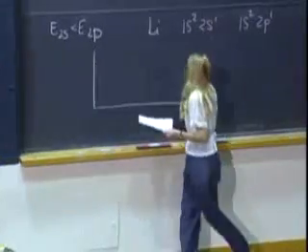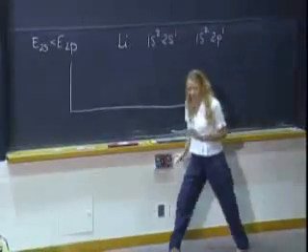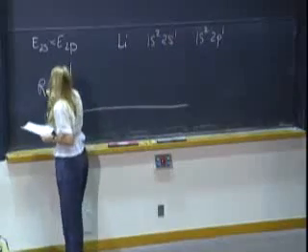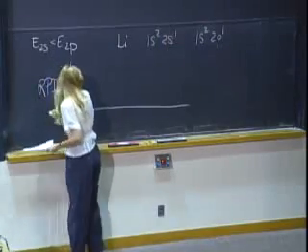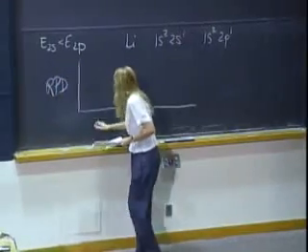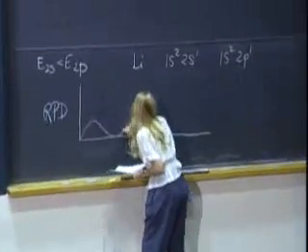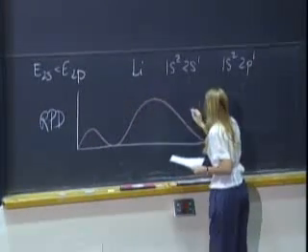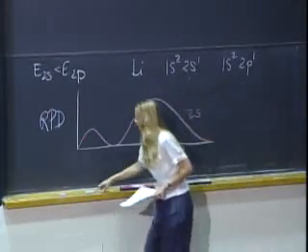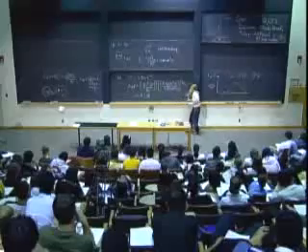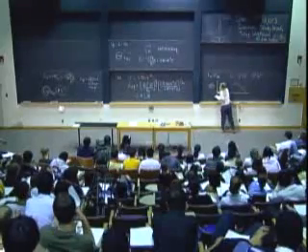Well, to look at that, we got to look at the radial probability distribution functions for 2s and 2p. So here's the radial probability distribution function for 2s. Here's the radial probability distribution function for 2p.